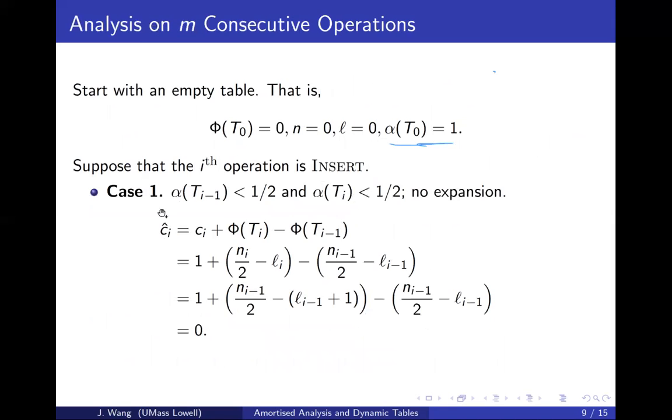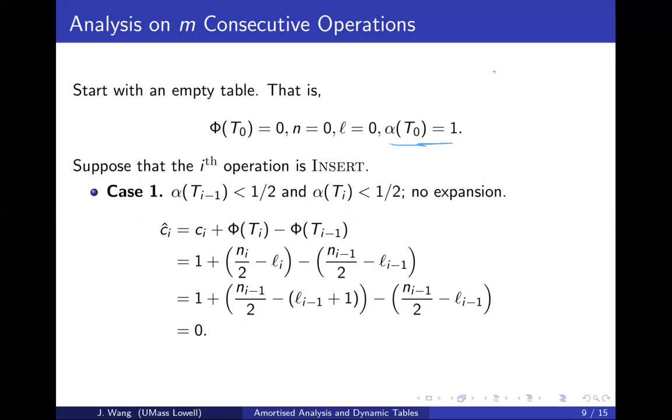Now the interesting case is to suppose that the i-th operation is an insert. It could be a delete. Under this insertion, we look at the current state of the dynamic table.